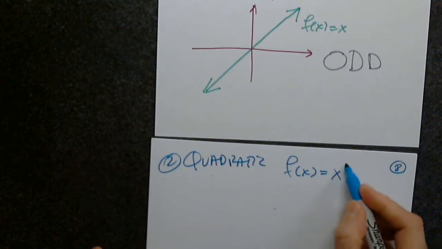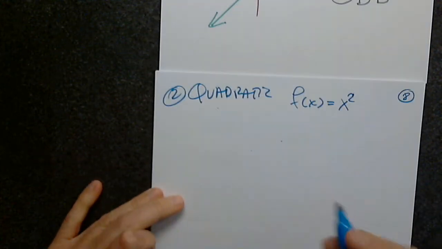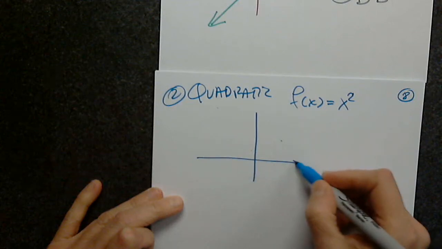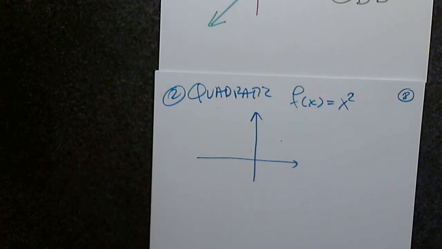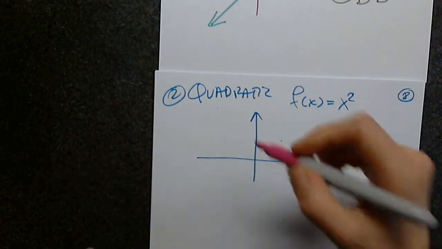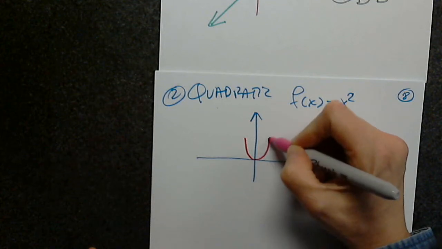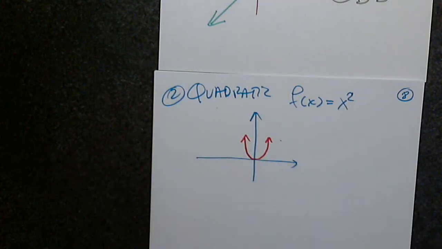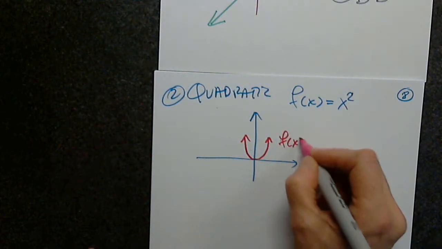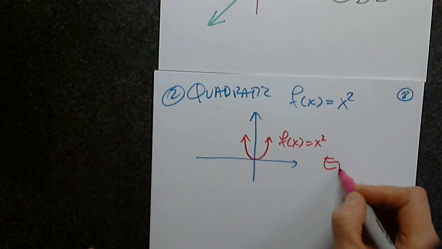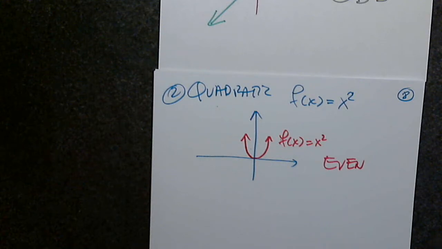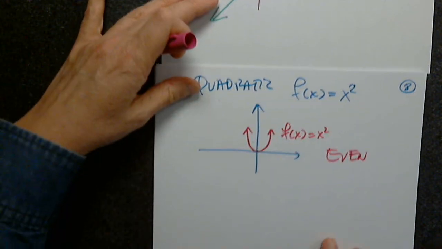Absolutely. Simplest possible quadratic function is x squared. Well done. Thank you, Michelle. Excellent. So here it is. Good. Odd, even, or none of the above? Of course. We used it to illustrate even functions. Absolutely.